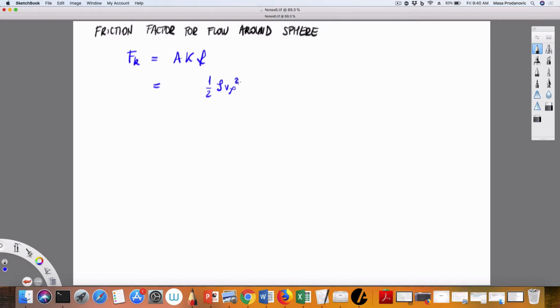In practice, I will have more complicated objects. So instead of the actual surface of the object, I'm going to look at the projected area, like pi R squared, because if I'm measuring particle sizes, that's typically what I'm measuring.